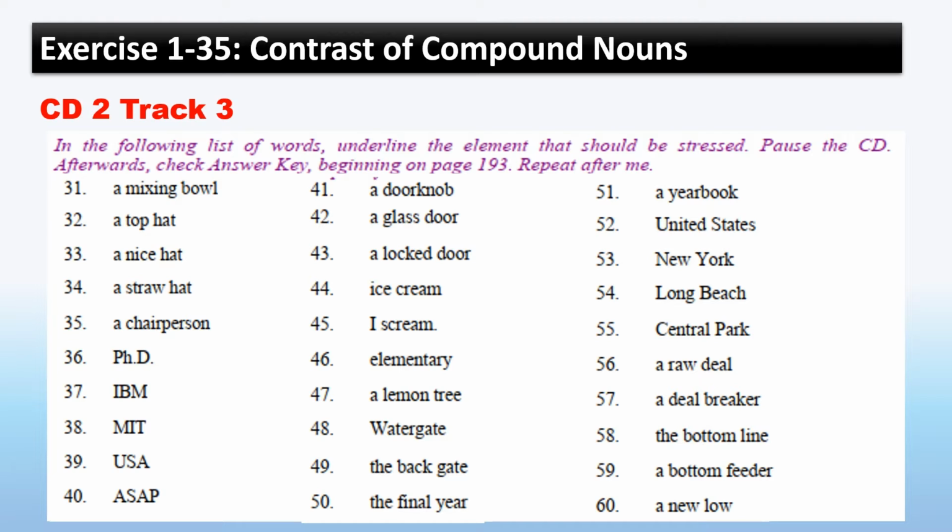8. A hot dog. 9. A hot dog. 10. A baby blanket. 11. A baby's blanket. 12. A baby bird. 13. A blackbird. 14. A black bird. 15. A greenhouse. 16. A greenhouse. 17. A green thumb. 18. A parking ticket. 19. A one-way ticket. 20.